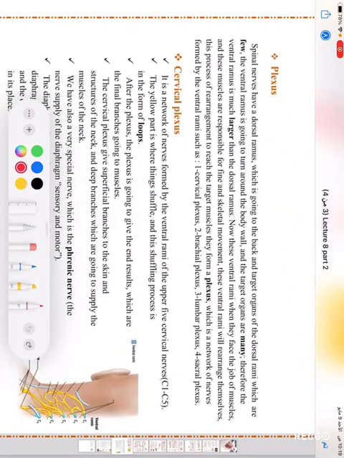Plexus. Spinal nerves have a dorsal ramus, which is going to the back, and the target organs of the dorsal rami are few.